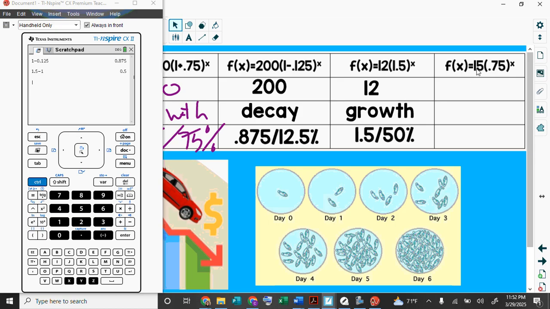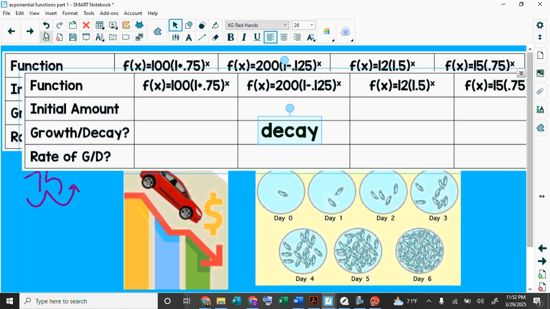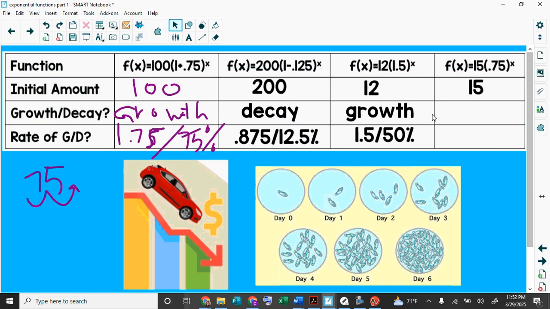This one right here, what's my initial amount? My initial amount is 15. Is this going to be growth or decay? Is it over 1 or under 1? It's going to be decay because this number is less than 1.